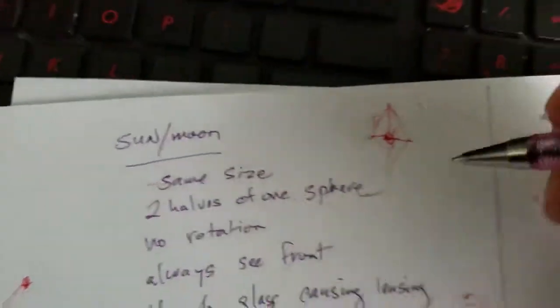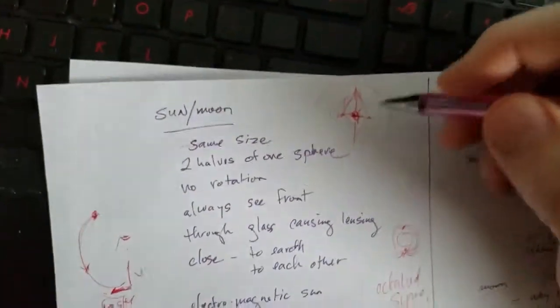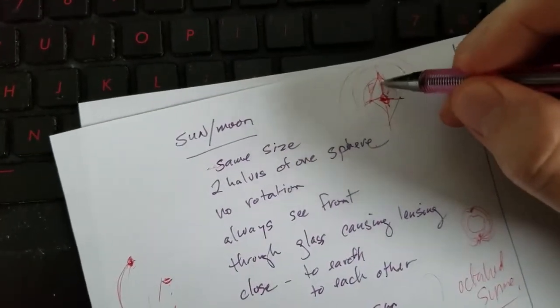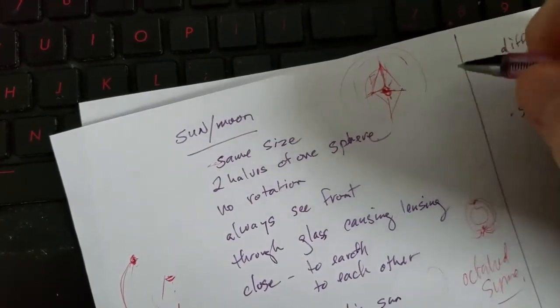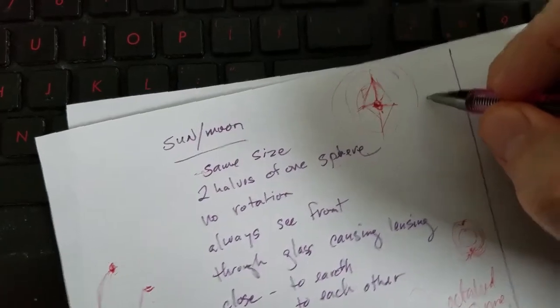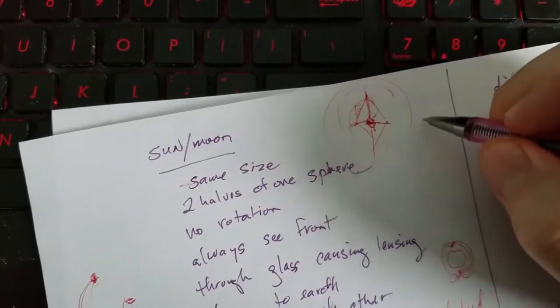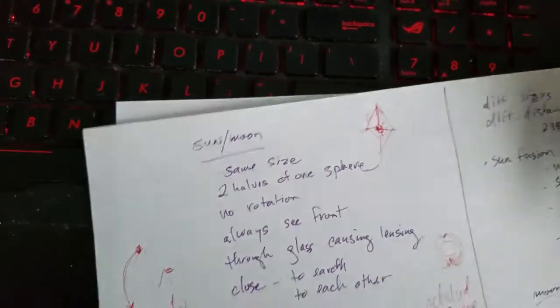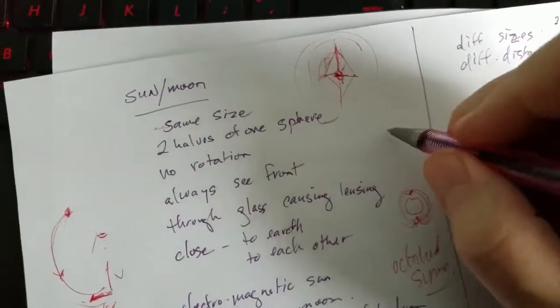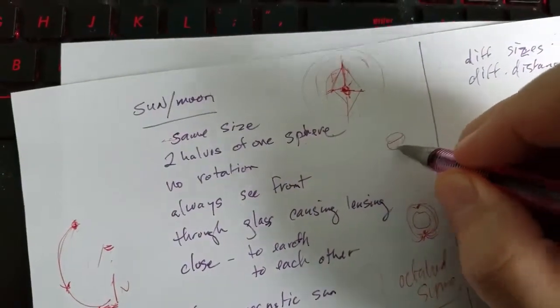Hold on, I'm not even showing my hand here. Maybe they both shot up the north apex, but if you watch, what's that guy's name? David LaPointe. He's got videos about the primer fields. There's good reason to believe that the sun and the moon are bowls.